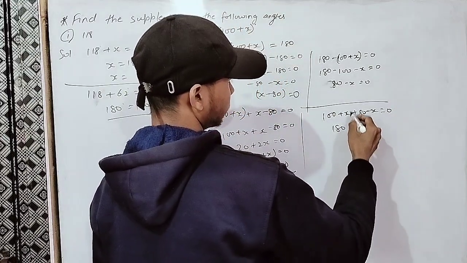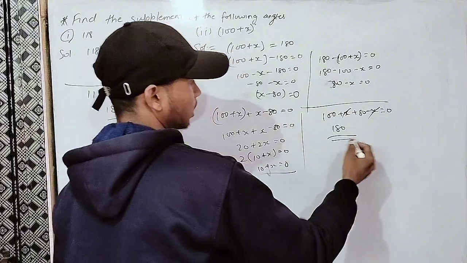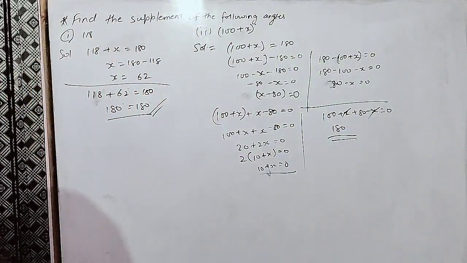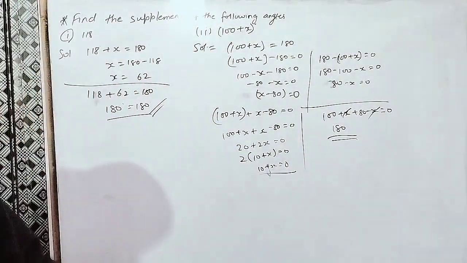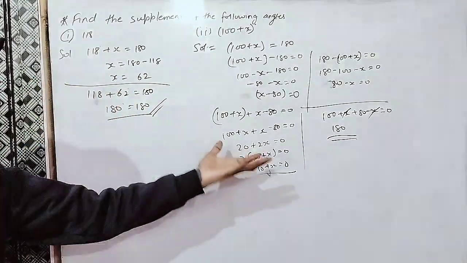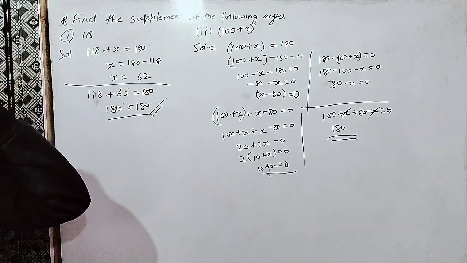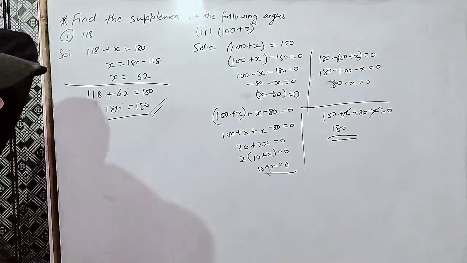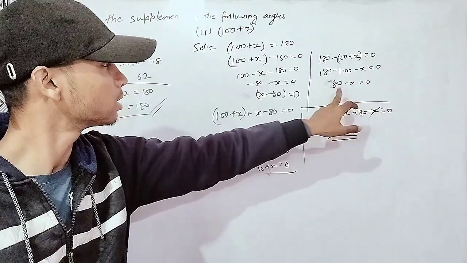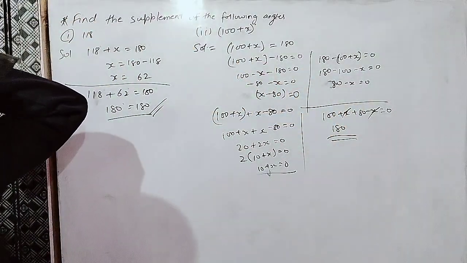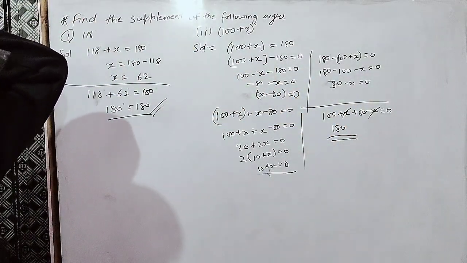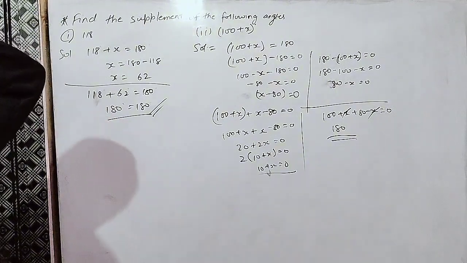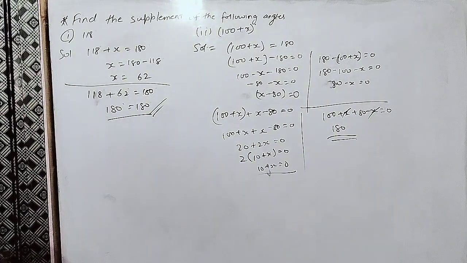Now we are getting this, it will get cancelled. 180. Okay. The process was best, but in some places we did wrong. Okay. Now we are moving to the next. Just have a look.